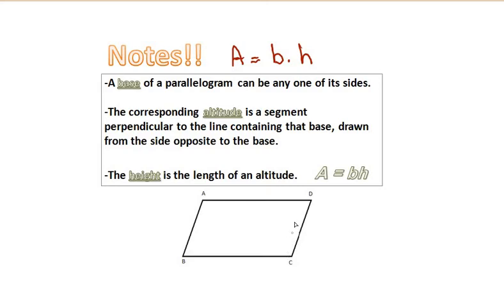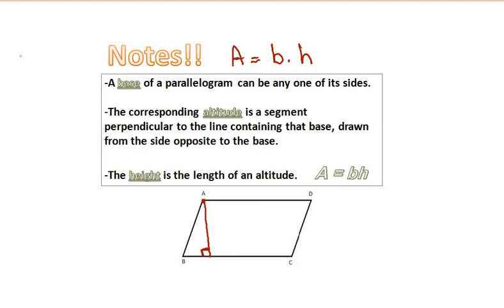The different thing is the height. It depends on the base you choose. If we choose BC as the base, the height will be the altitude drawn from the opposite side, which is side AD, to the base BC and perpendicular to it. The length of this altitude is the height.